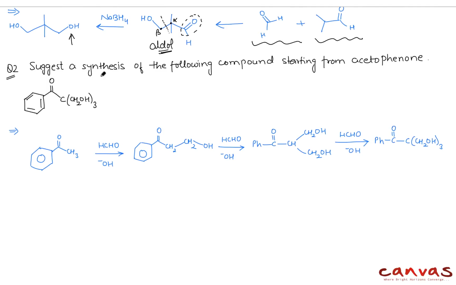Second problem, we have to synthesize this particular compound starting from acetophenone. Now this is our acetophenone. Now look, first thing, in the acetophenone, if you treat it with base, base is going to remove H positive from this because this is the alpha position. So one H positive is lost.